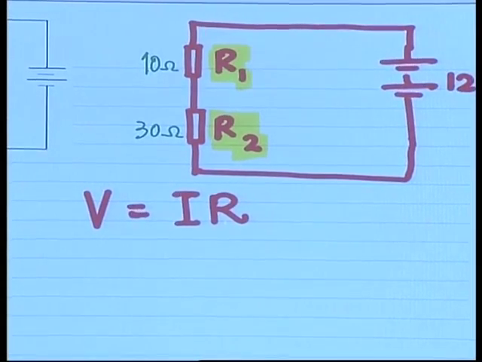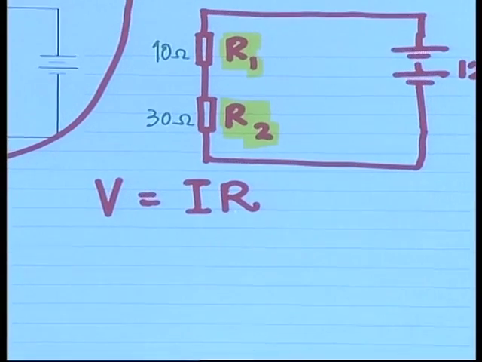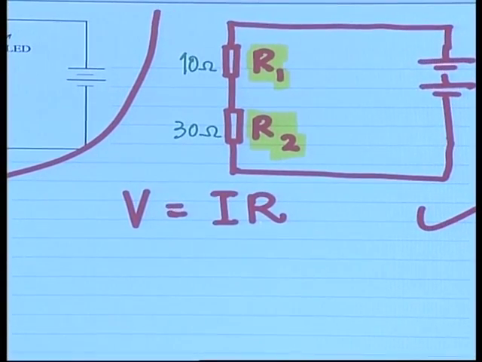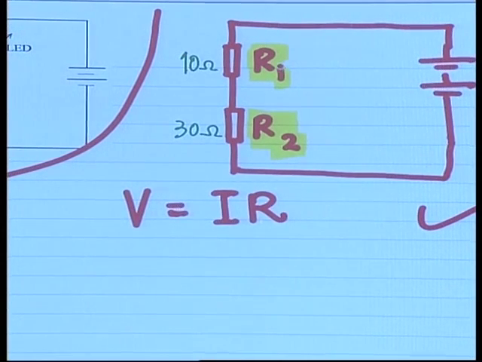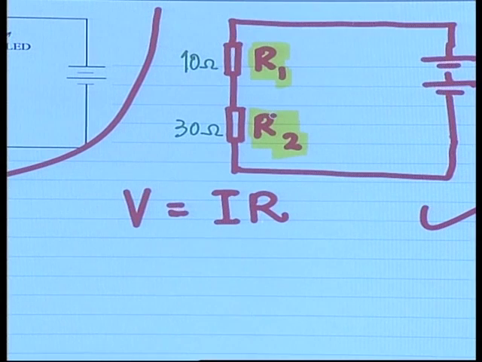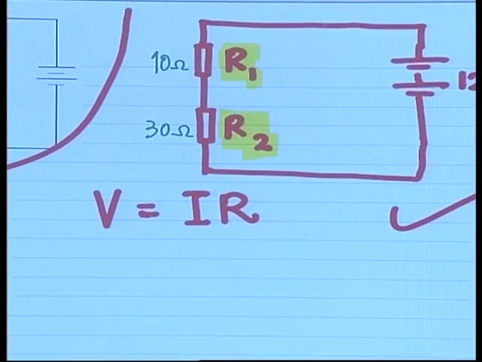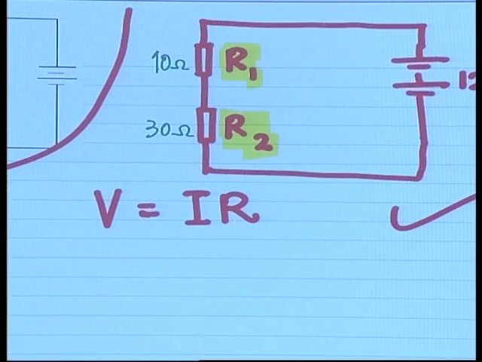Now remember, I am actually focusing on this circuit. Just leave the electronic circuit for a while. Look at the red one. R1 and R2, they are in series. So when they are in series, the electric current is common. It's constant.